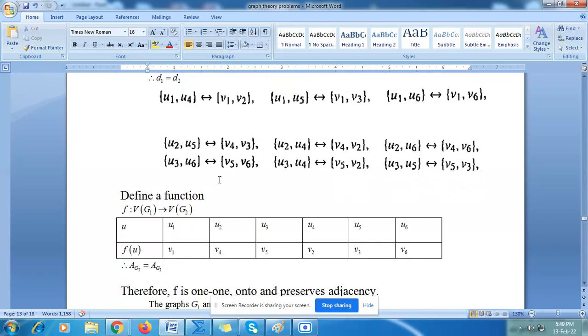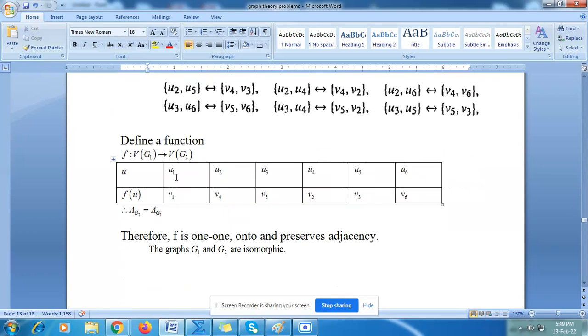According to this, we define that U1 goes to V1, U2 goes to V4, U3 goes to V5, U4 goes to V2, U5 goes to V3, and U6 goes to V6.